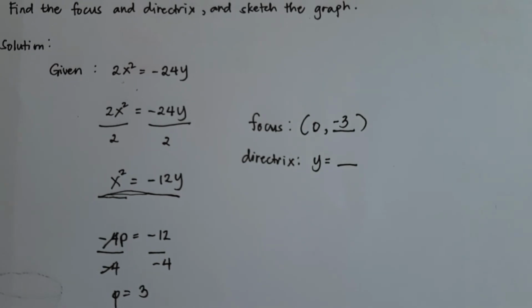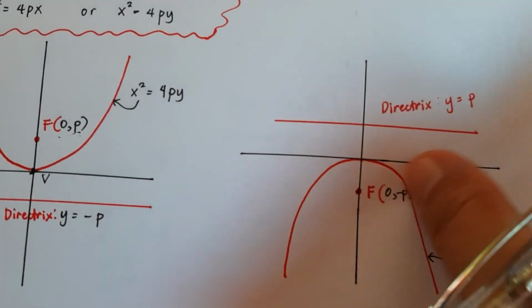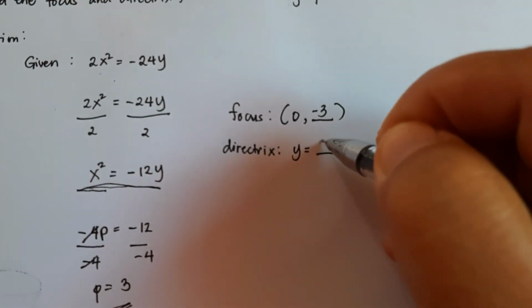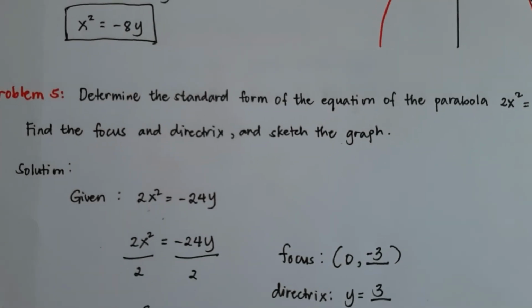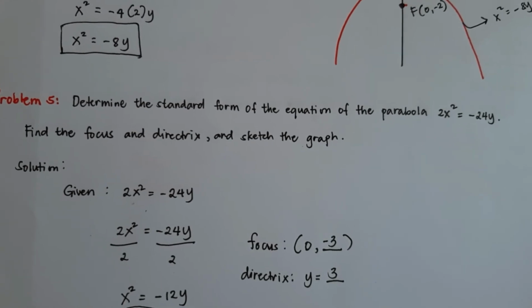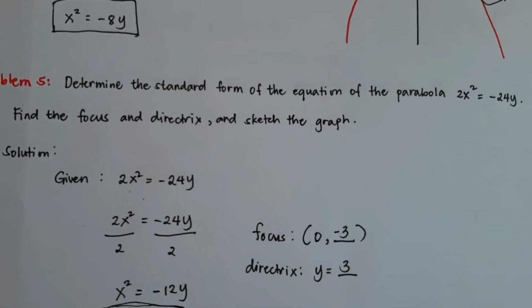And then directrix is equal to positive p. So lalagay lang natin yung positive ng p here. Okay. Ayan. So nasagot na natin yung tanong ng determine the standard form the equation of the parabola 2x squared is equal to negative 24y. Find the focus and the directrix.